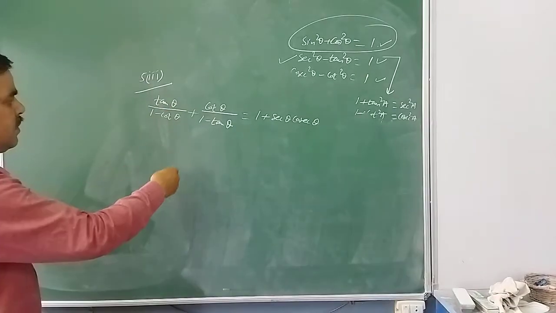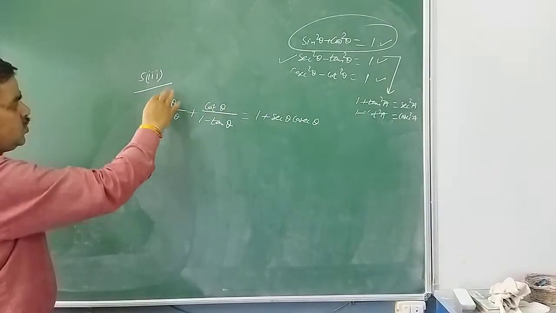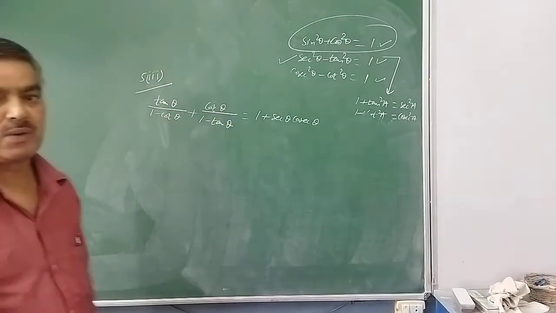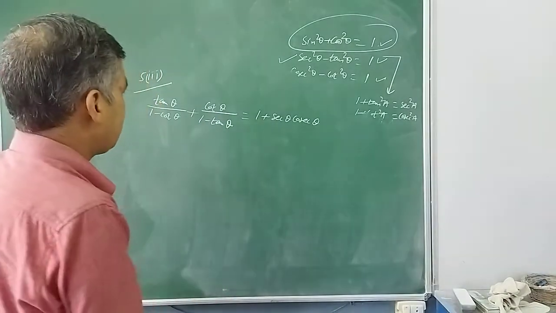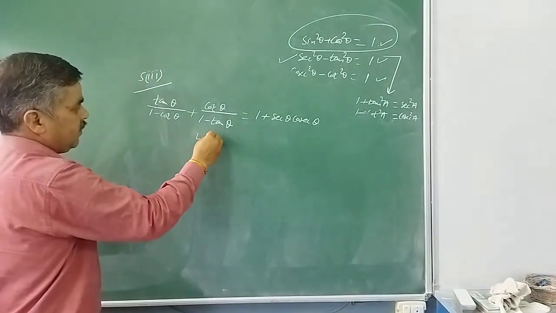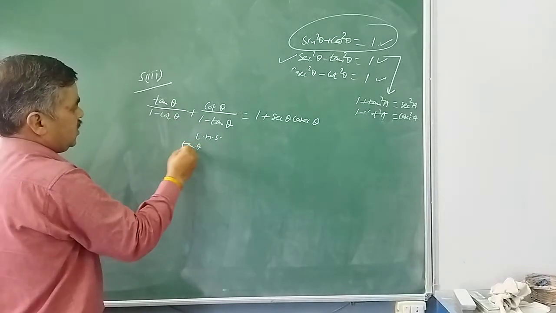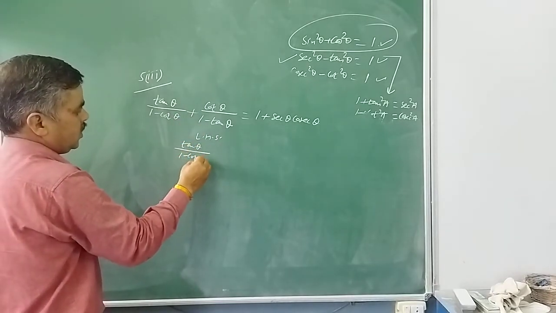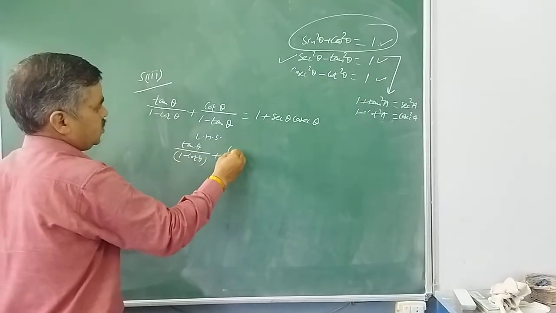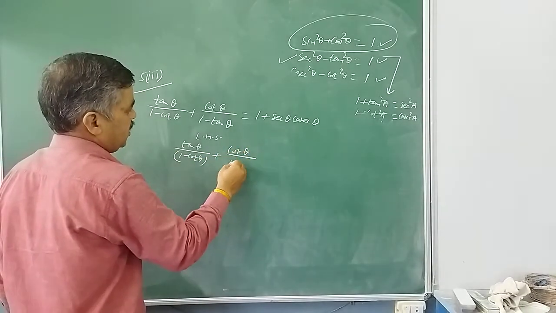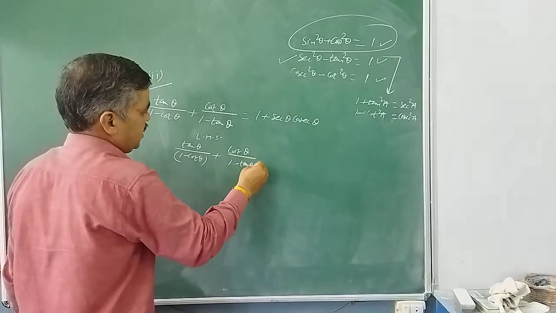Again, I am giving preference to the left hand side because more options are available with me from the solution of left hand side point of view. So I take left hand side here, I write tangent theta upon 1 minus cot theta plus cot theta upon 1 minus tangent theta.